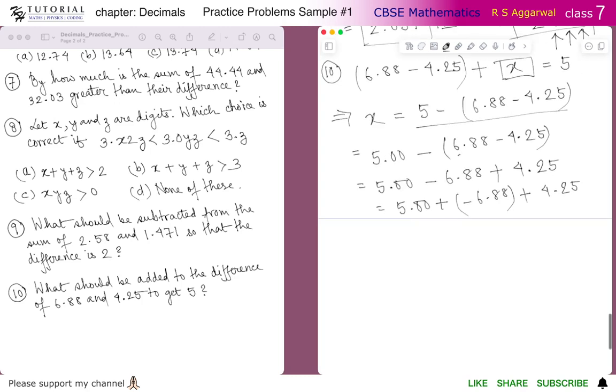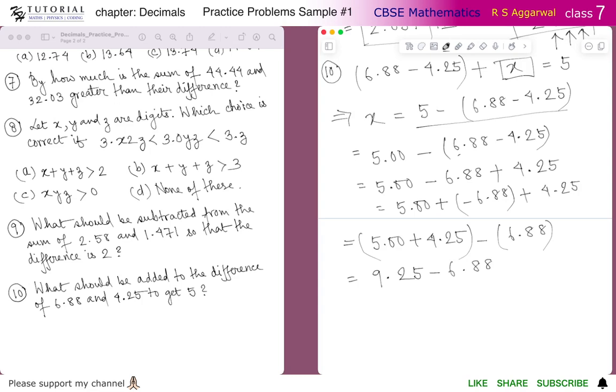Then we group all the positive decimal numbers together, add them, and subtract the sum of all the negative decimals without their sign. So if we add 5.00 and 4.25, this becomes 9.25 minus 6.88.